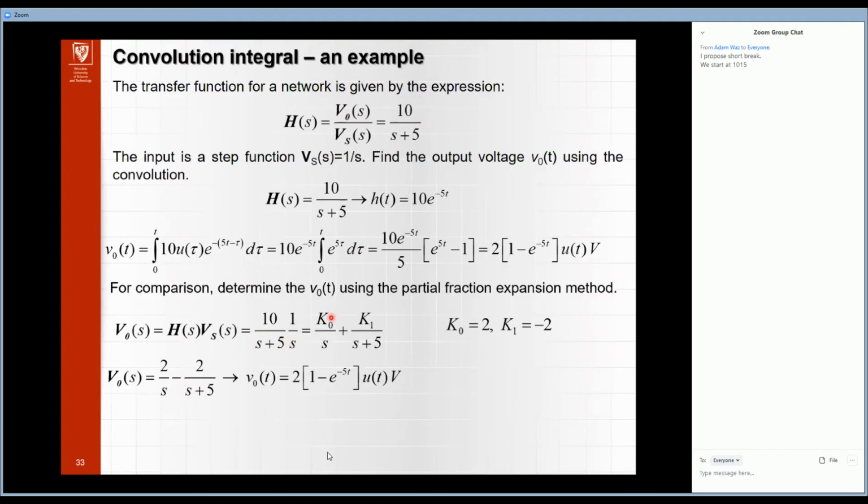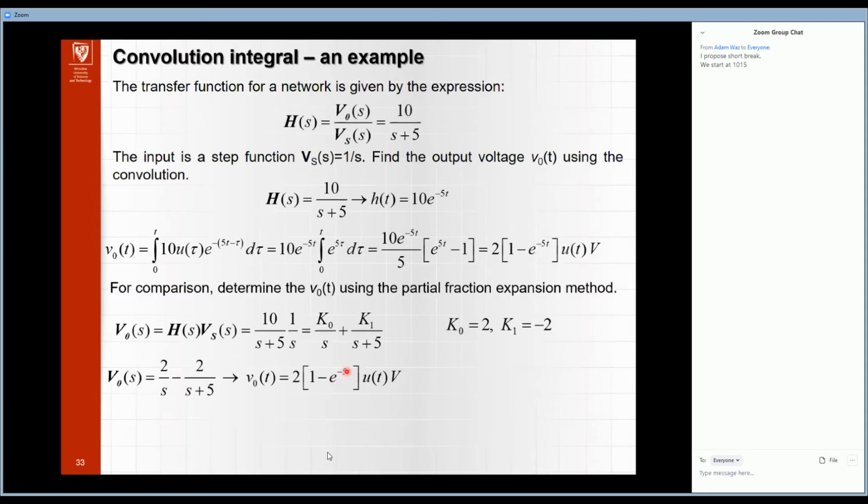So we can find the factors K0 and K1, using the partial fraction expansion method. As a result we obtain the first and the second constants, and such a value. This one is connected with the amplitude, and this one is the same amplitude but shifted by the factor 5. So we put 5 minus 5 here.